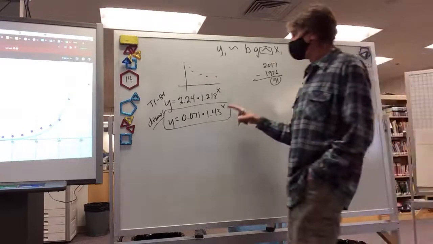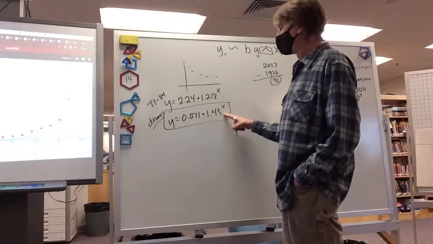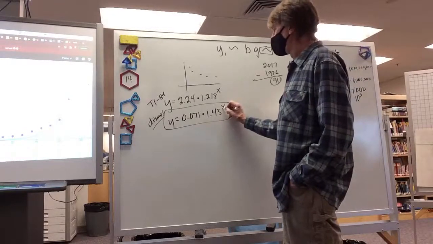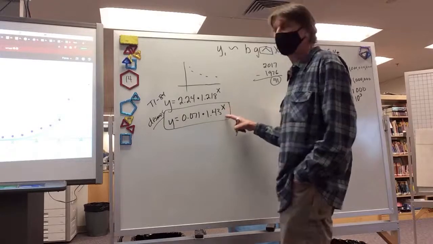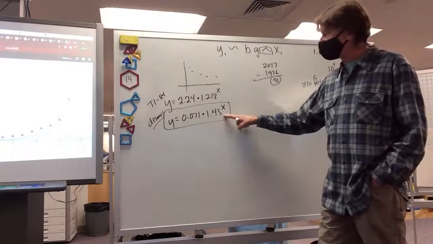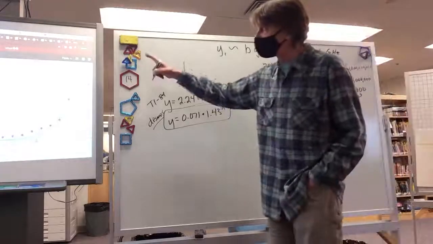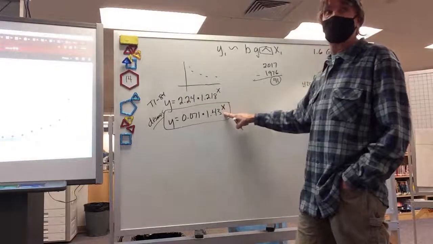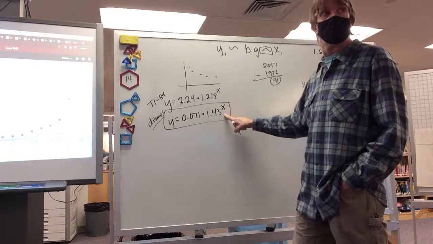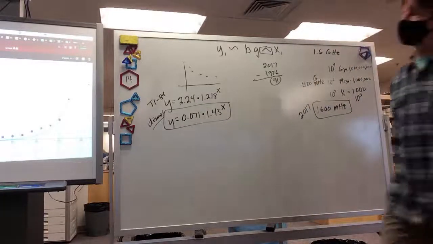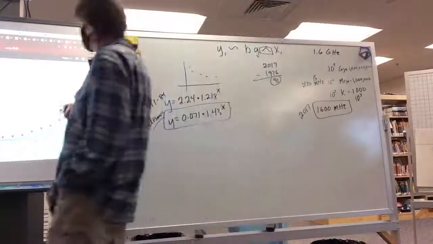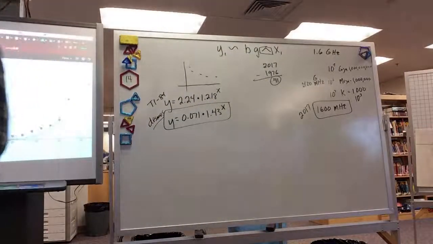So take this equation here and use it to figure out the processing speed that this equation says we would expect in the year 2017. Do that. This is the data, the line is the model that we use as a prediction.